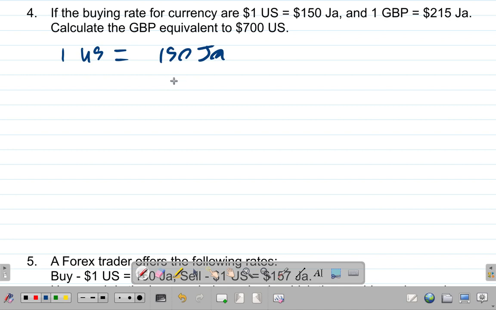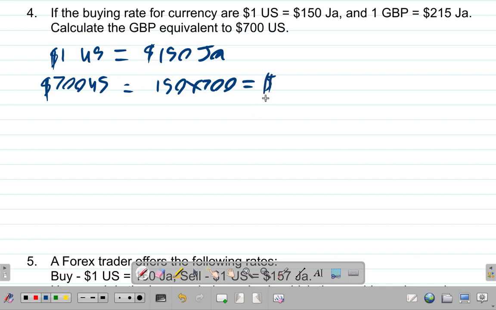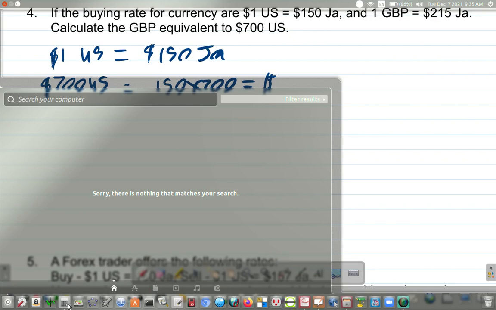Now, what you can do here is find 700 US is how many Jamaican. So 700 US dollars, just put the dollar sign there, is going to be 150 by 700 equals, and that will give you the Jamaican amount of money.